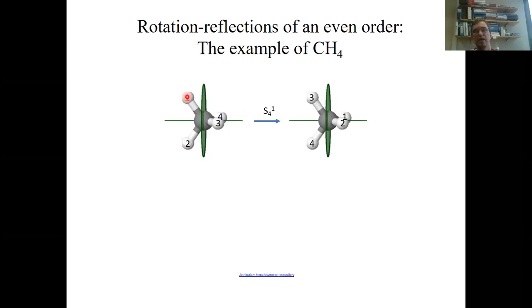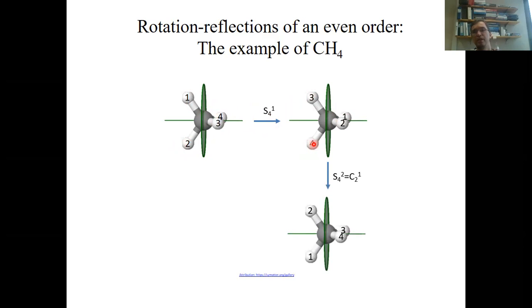So that moves atom 1 from this position into that position, atom 2 from this position into that position, atom 3 from this position into that position, and atom 4 from this position here into that position over there. So now we need to do this a second time.